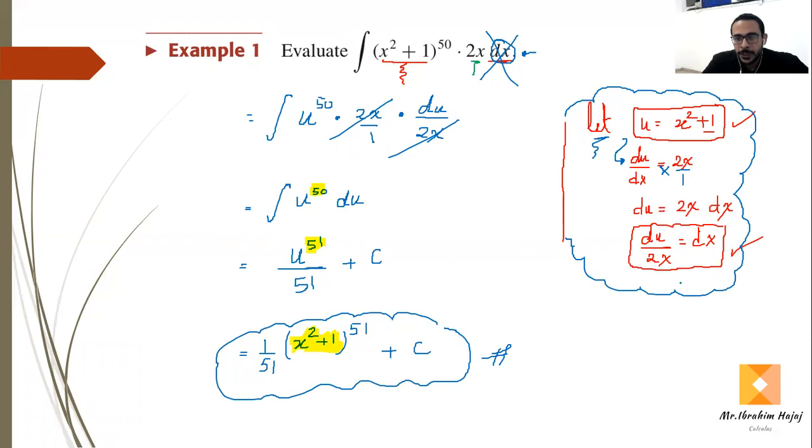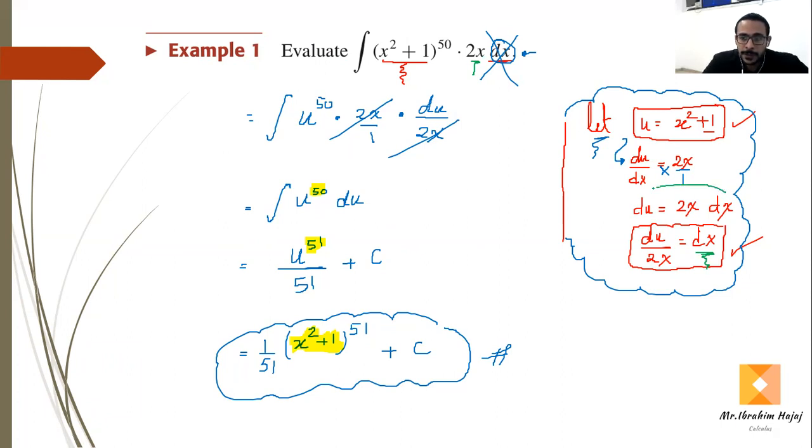Why do we do differentiation? To find the value of dx and substitute it as well. So du over dx equals the derivative of x squared plus 1, which is 2x, and find the dx your own way. Substitute u for x squared plus 1 to the power 50, and substitute 2x dx.